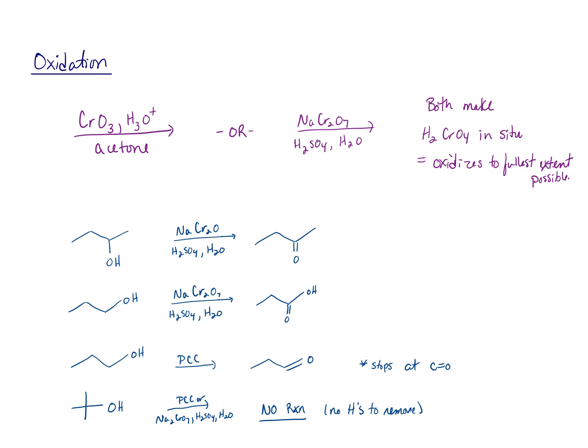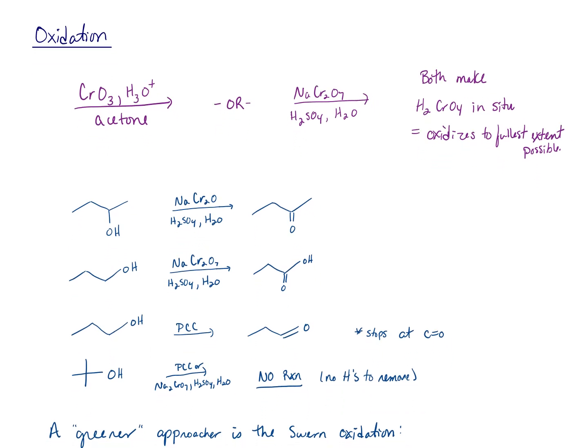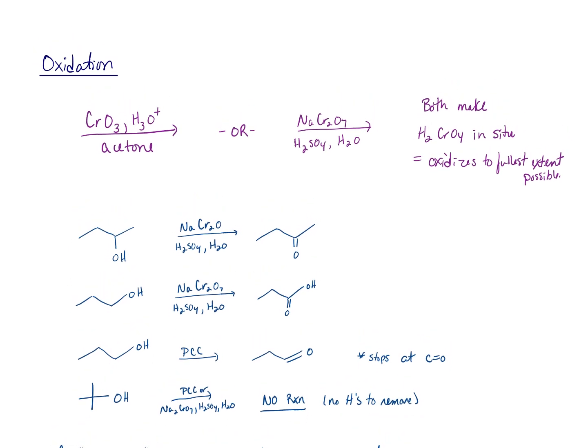Okay, so the last thing we need to deal with for alcohols is oxidation reactions. Sometimes in different textbooks, I will see CrO3, H3O+, and acetone. In other textbooks, I see Na2Cr2O7 in the presence of H2SO4 and water.